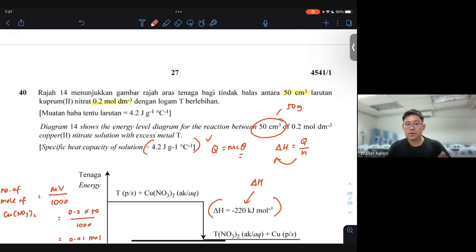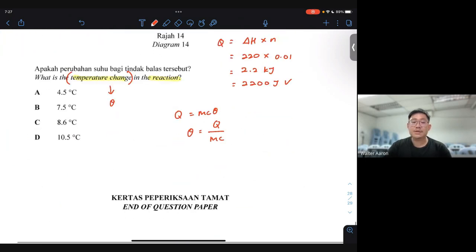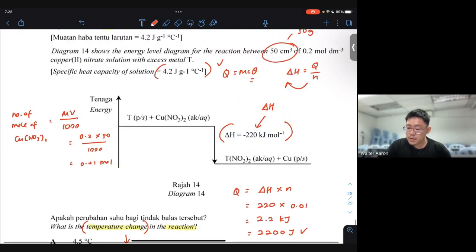The density of water is technically 1 gram per cm³. So for every 1 cm³ of solution, it should be 1 gram. So 50 cm³, 50 grams in total. So your m is now 50, very easy. So for θ, we just substitute the values: 2200 joules divided by m, which is 50, multiplied by the specific heat capacity of water, which is 4.2, given over here.